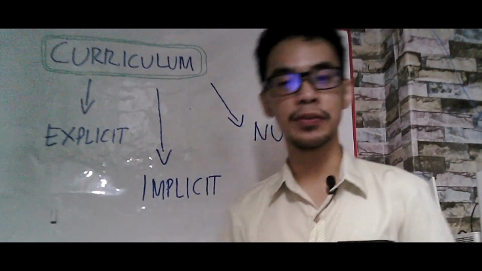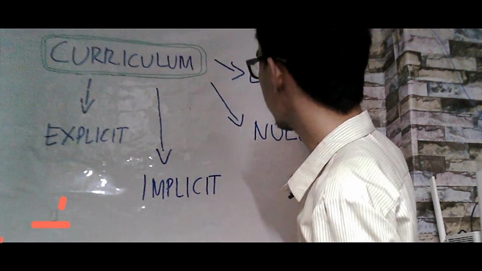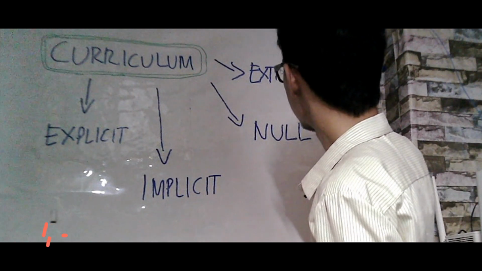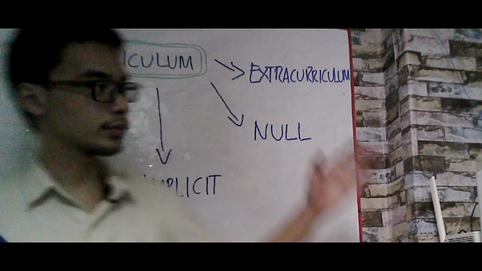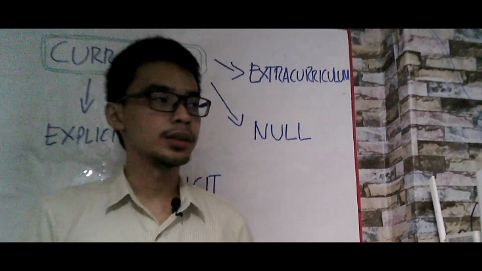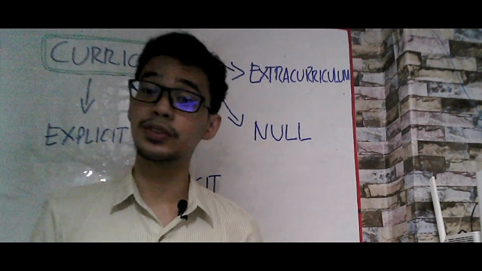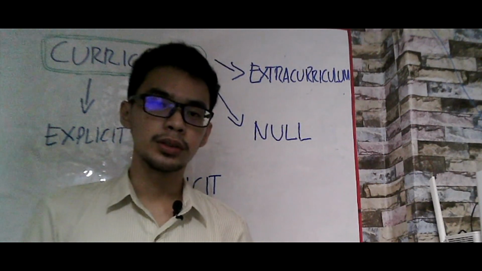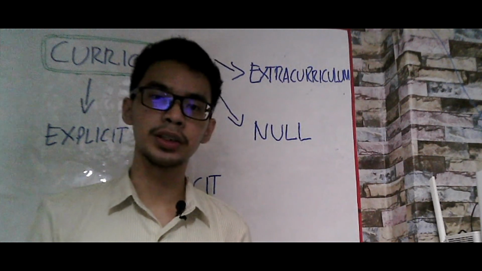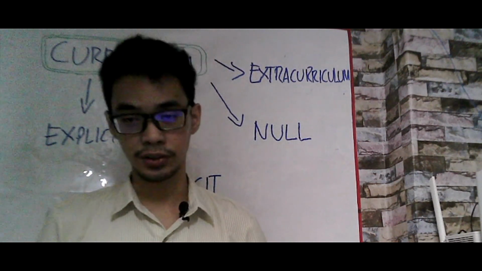And lastly, we have number 4, and that is the extracurriculum, also known as co-curriculum. Well, that one pertains to the school-sponsored activities or programs in which the main aim is to supplement the academic aspect of the school experience of students.